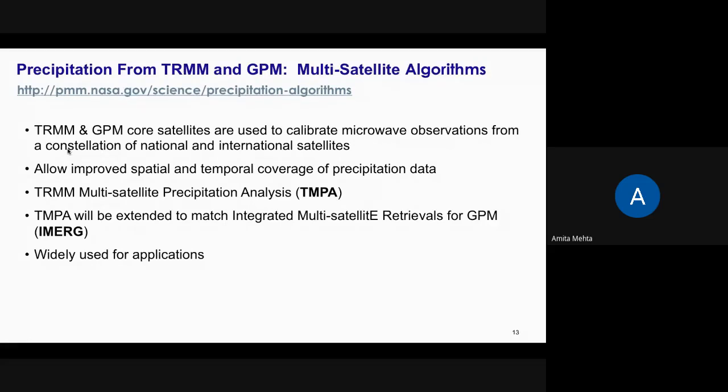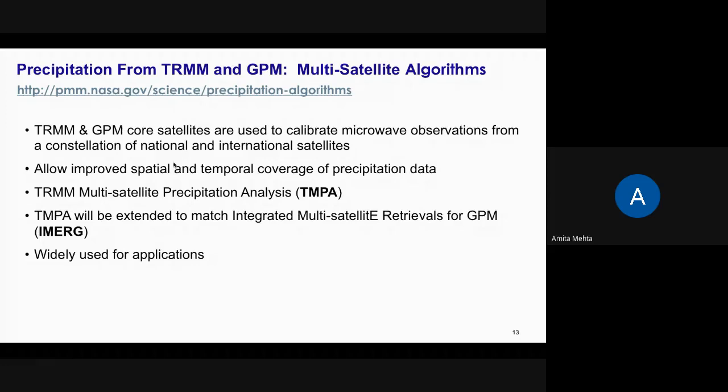TRMM and GPM microwave observations are used for calibrating microwave radiometers or imagers on other satellites available from different agencies like NOAA or others. Megha-Tropiques was part of the constellation also, where there was a radiometer that didn't work, but there was an imager that is still working.